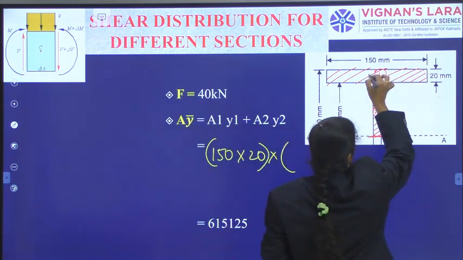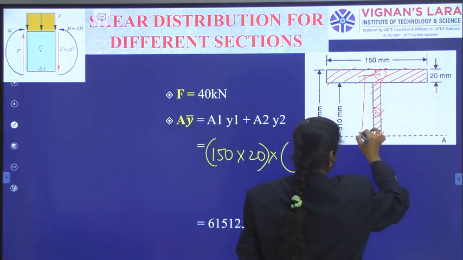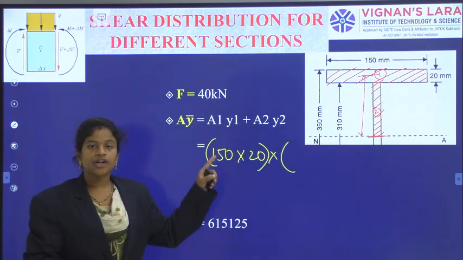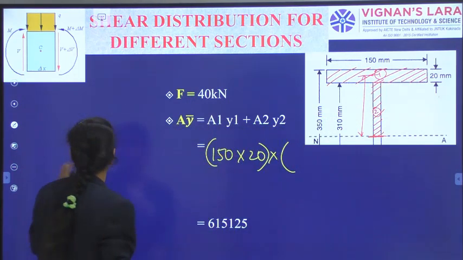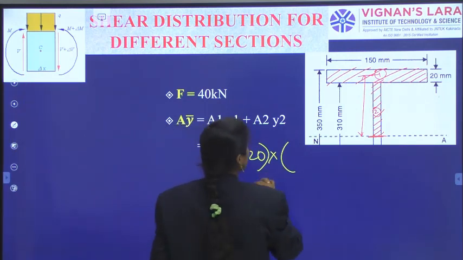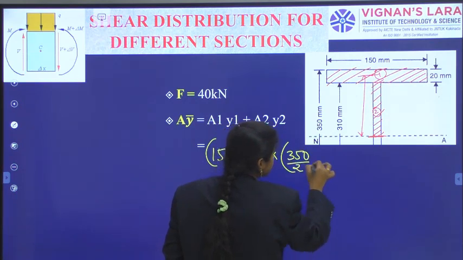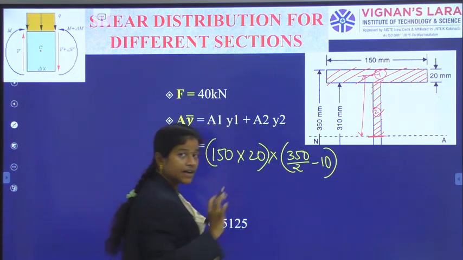The y measurement means the distance of the centroid of the first segment from the neutral axis. That measurement we have to write, and it is 350 by 2 minus 10, only the y measurement.